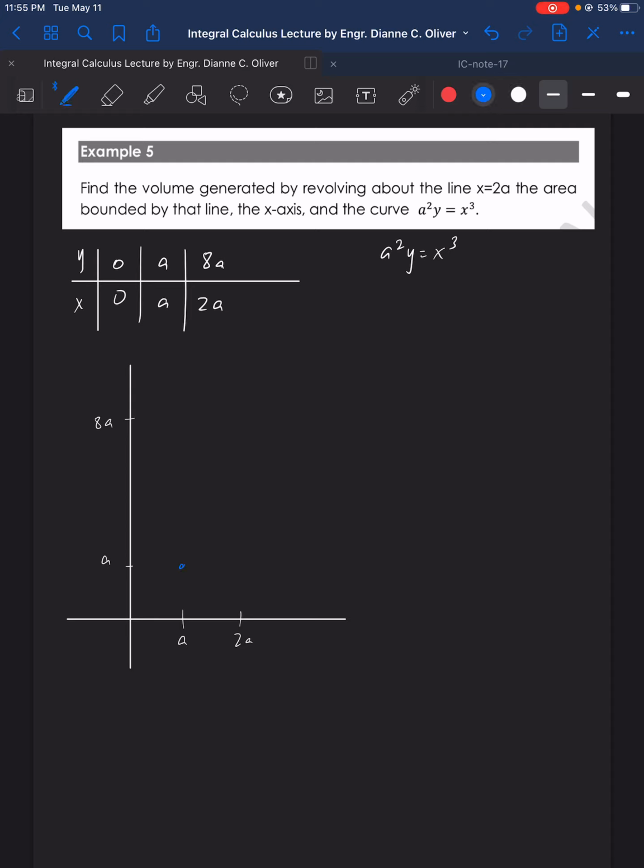Therefore, we have here points for the curve. So we now have the curve a squared y is equal to x raised to 3.